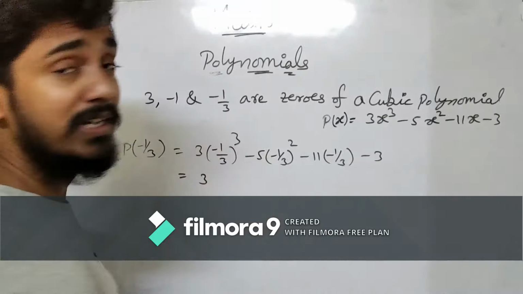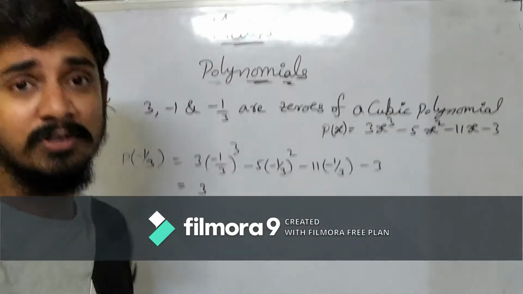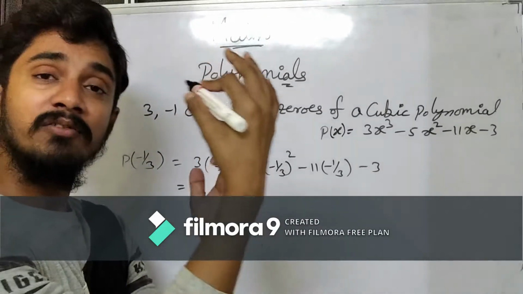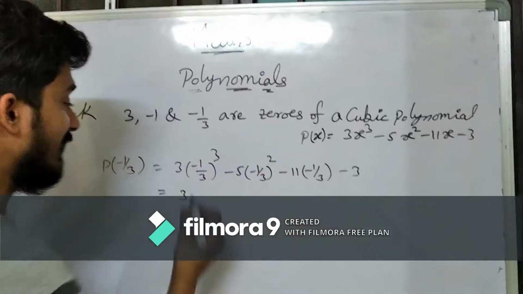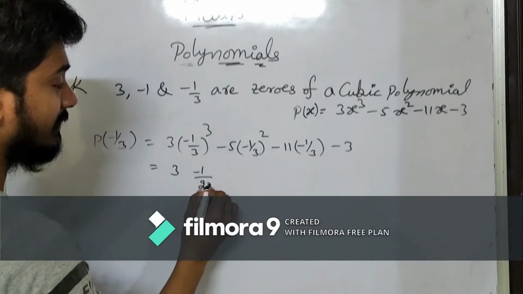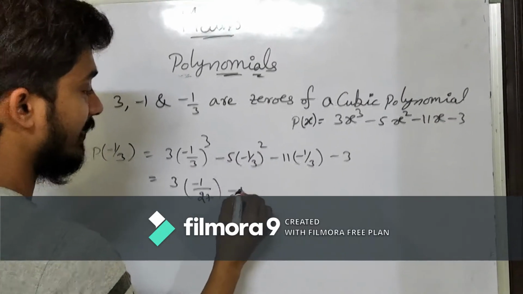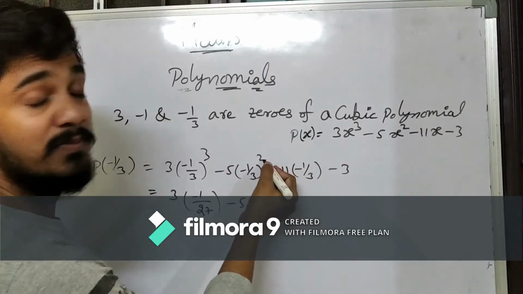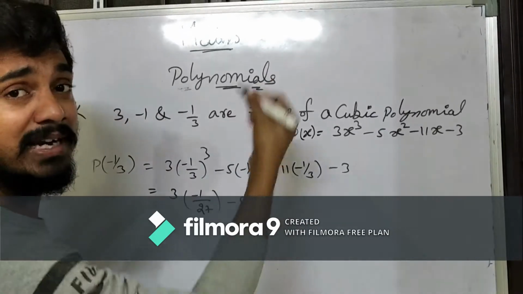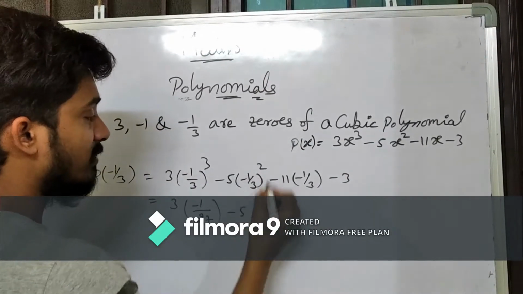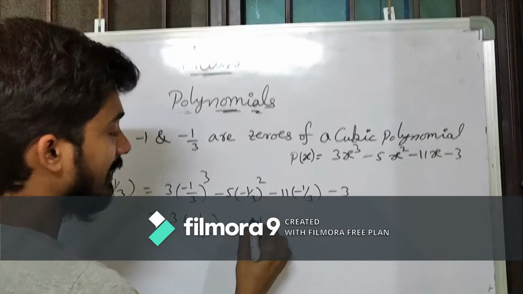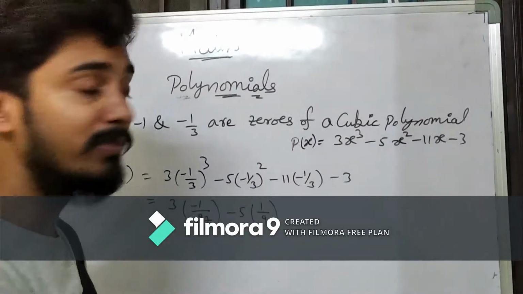Again, the exponent is an odd number, so (minus 1 by 3) whole cube means minus 1 cube by 3 cube, which is minus 1 by 27. And again, minus 5 into (minus 1 by 3) whole square. The exponent is an even number, so minus becomes plus. (Minus 1 by 3) whole square means 1 square by 3 square, which is 1 by 9.